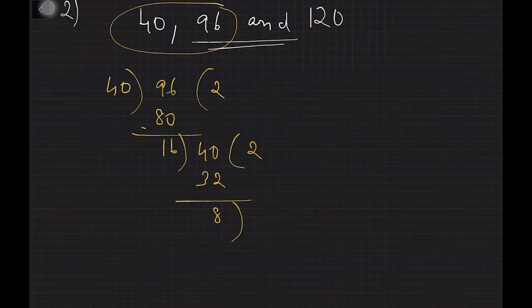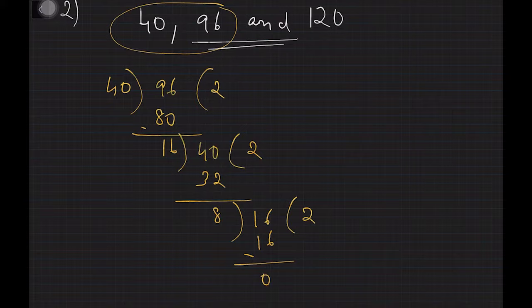Like I said, 8 becomes the divisor now, and the previous step's divisor will become the dividend in the next step. So 16 is the previous step's divisor, and that will become the dividend. Now 8 is the divisor and 16 is the dividend. So 8 twos are 16 and we get 0 in this step.